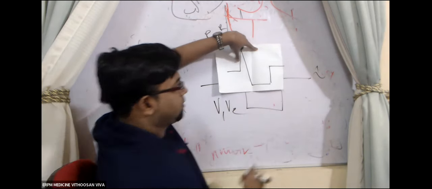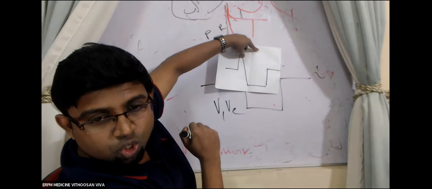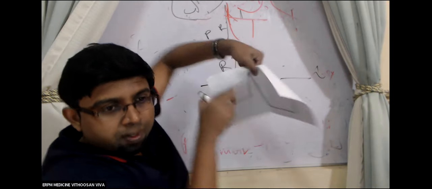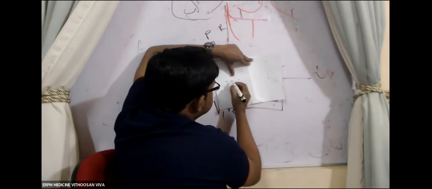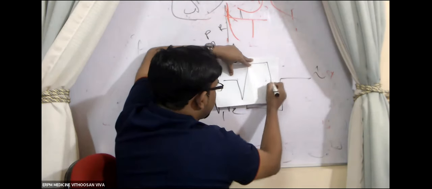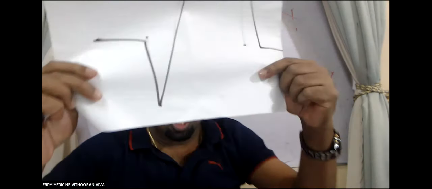When you see this on the ECG paper, you turn it to the other side. When you turn to the other side, it looks like a STEMI. Understood? I'll show you here.